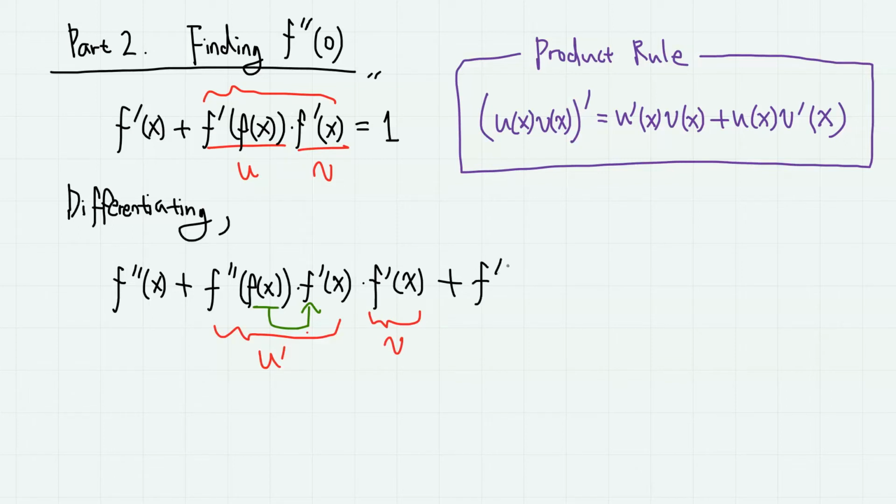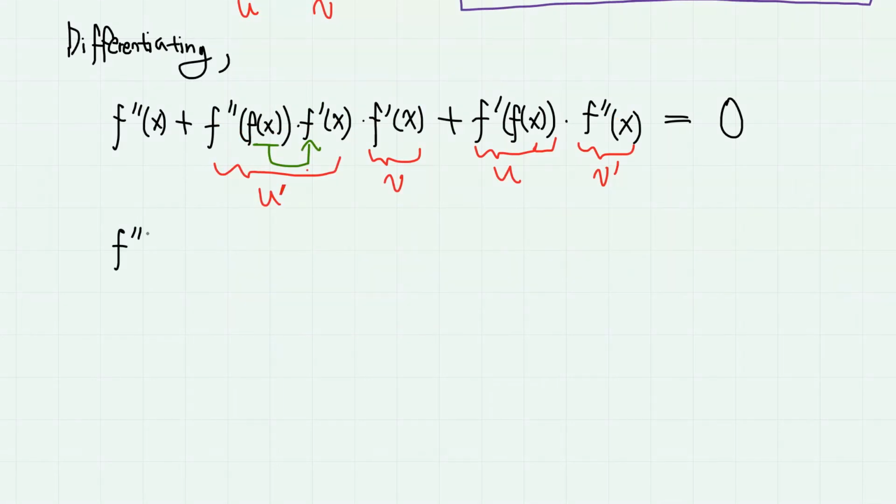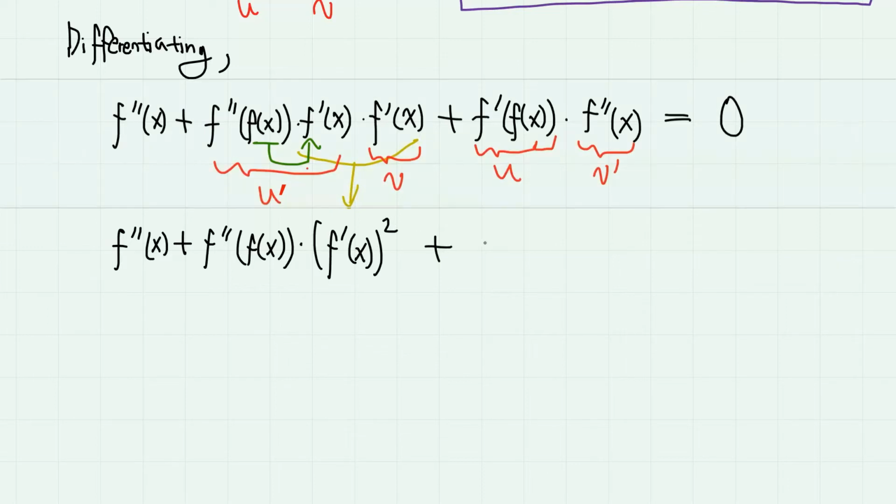So we have f'(f(x)), which is u, and then v prime, which is f''(x). On the right hand side, if we differentiate the constant 1, we obtain simply 0. So we have f''(x) plus f''(f(x)), and this part right here gives f'(x) squared, plus f'(f(x)) f''(x) equals 0.